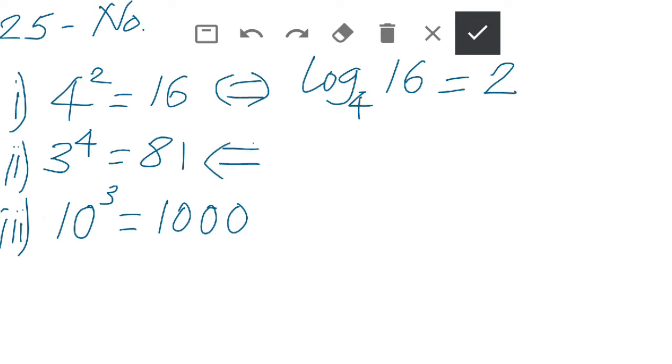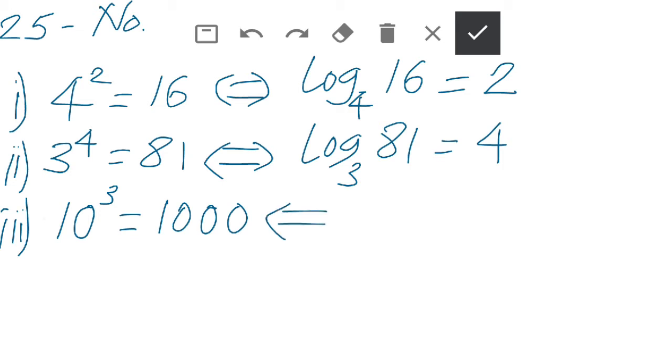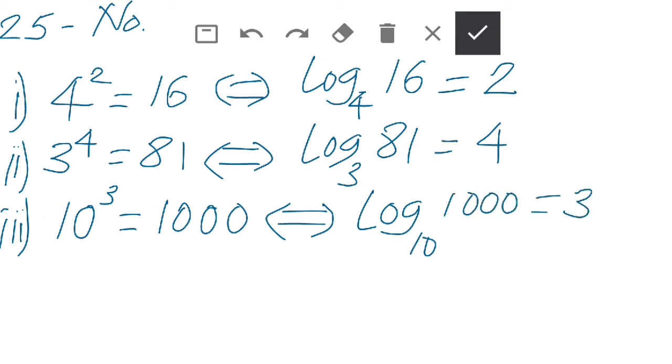Number 2, you may have written log to base 3 of 81 equals 4. And number 3, you could have written log to base 10 of 1000 equals 3.